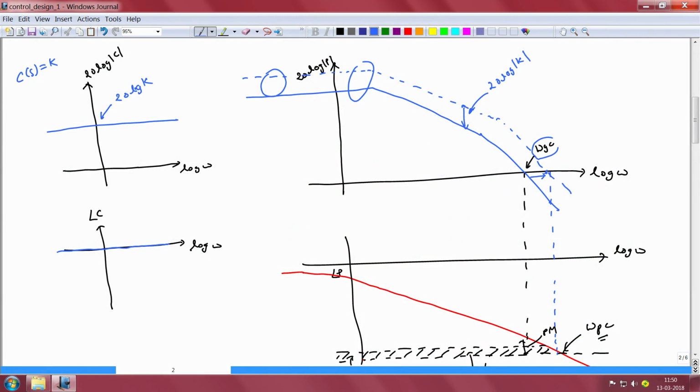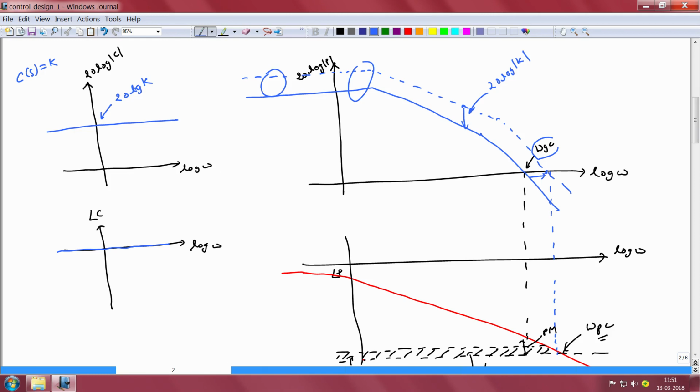So, although we might want to have fairly high gains in these frequency ranges where stability is not really a concern, the proportional controller does not allow us to increase the gain indefinitely, because any increase in gain in that frequency range also results in an equal increase in gain in the high frequency range and could potentially destabilize our closed loop system.